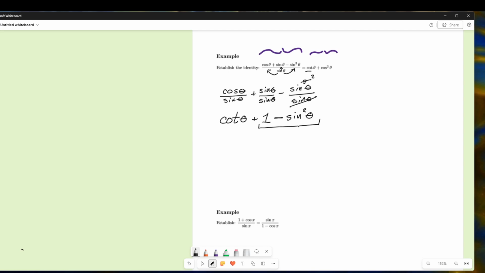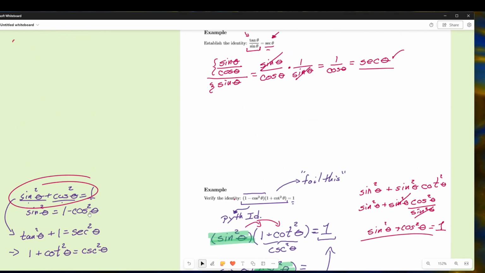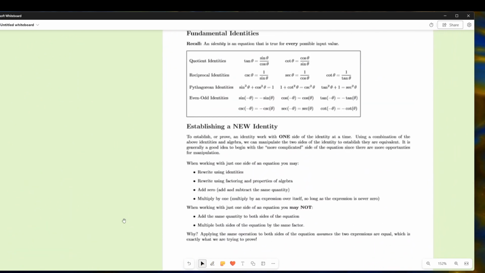Again, anytime we see a squared trigonometric function, particularly when there are 1s around. And since we have a cosine squared there, Pythagorean identity shouldn't come as too much of a surprise. So cotangent theta plus, and again, we don't often see it as 1 minus sine squared theta, but if we can look at how we solved it, or back up here.